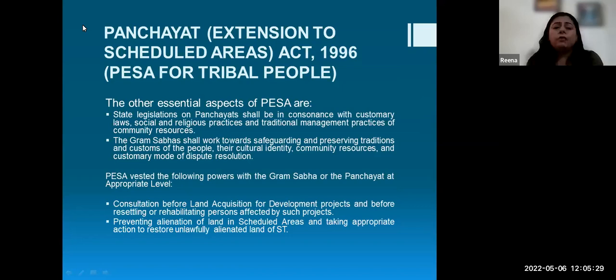So under these, no industry can acquire any land and establish its development projects without consultation with the Gram Sabha or the Panchayat. So it is a responsibility of the industry to consult the Gram Sabha for land acquisition for such projects. And it also prevents alienation of land in scheduled areas. Okay.